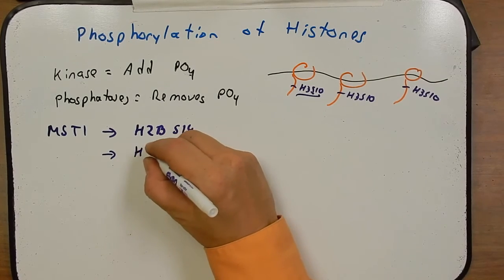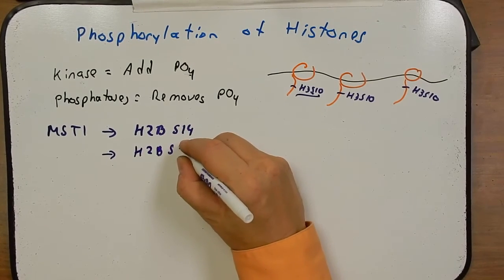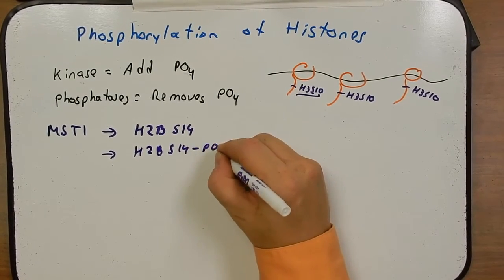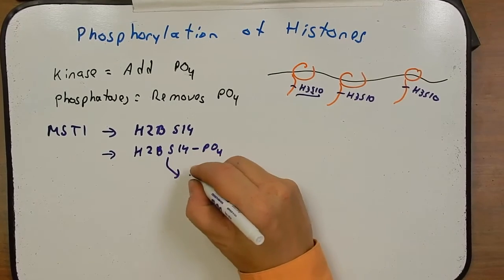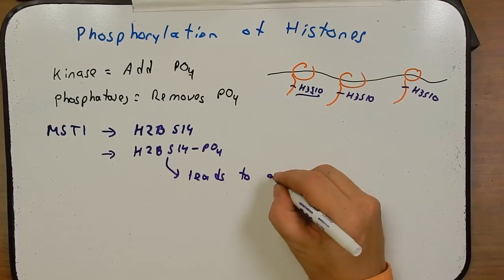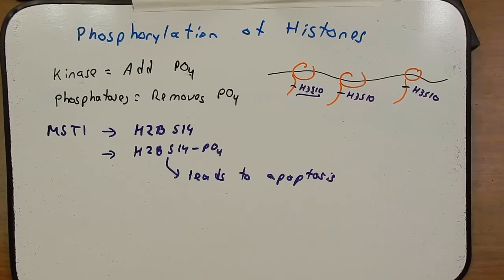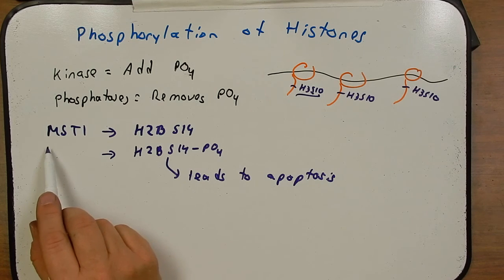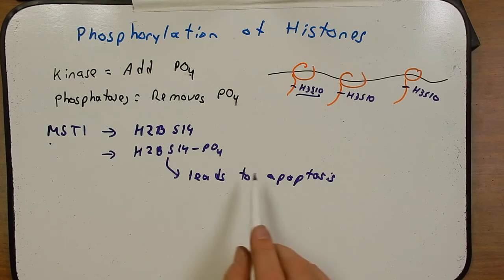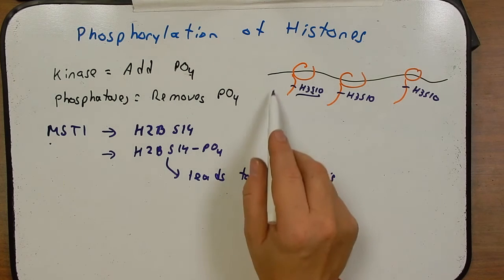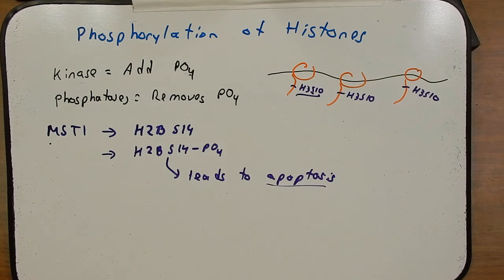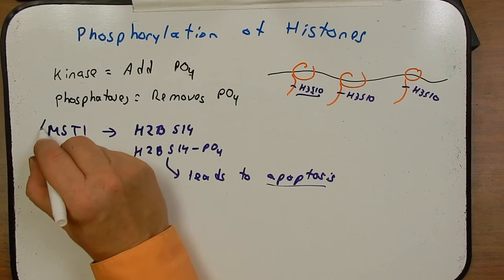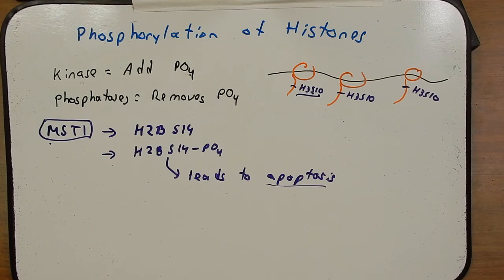And when H2B-S14 is phosphorylated, it leads to apoptosis. If you remember, when we were talking about the effects of phosphorylation, I did mention that there was some evidence that phosphorylation was linked to phosphorylation events on the histones that led to apoptosis. So I wanted to make sure that we mentioned the enzyme where that link exists.